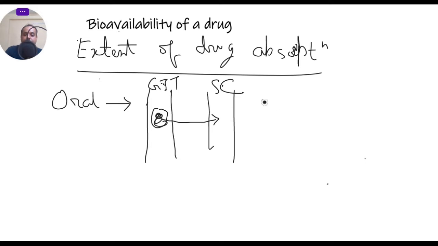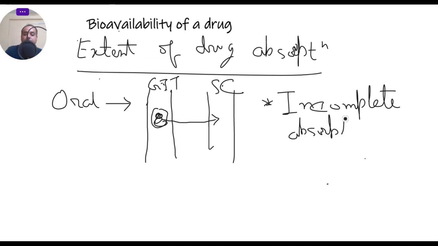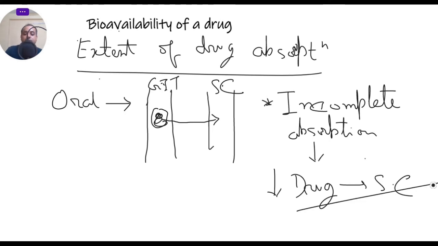So if there is incomplete absorption, then obviously it means that there will be lesser amount of drug that will go to the systemic circulation, and hence there will be decrease in the bioavailability, right?